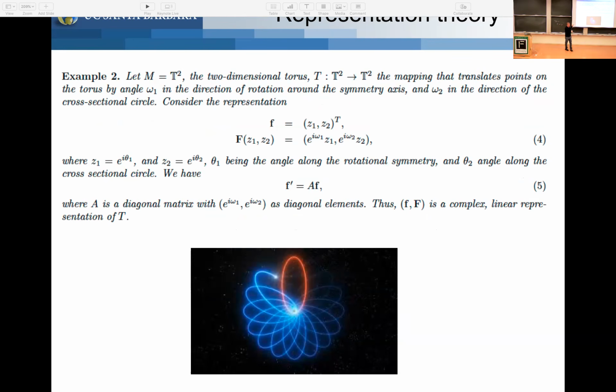And then you get f prime is A f for these two complex functions, where A is just diagonal multiplication by e to the i omega 1 and e to the i omega 2. So if one has toroidal geometry, then complex functions come into the picture immediately. In general, if one has an arbitrary Koopman operator, complex eigenfunctions are there. So all the computations in principle should be in the complex spaces.